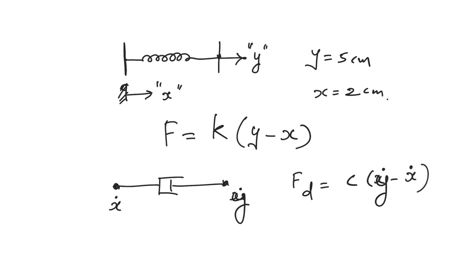It's pretty much common sense. The force experienced in each of these individual elements, doesn't matter whether it's a spring or a damper, will be a function of the relative displacement, or a function of the relative velocity between the two ends of the element, the two ends of the spring and the two ends of the damper.